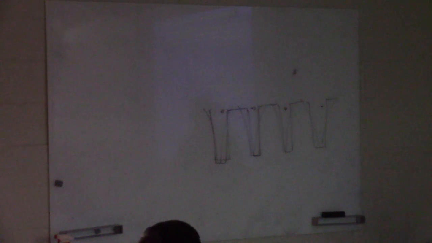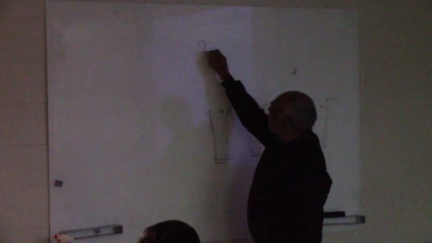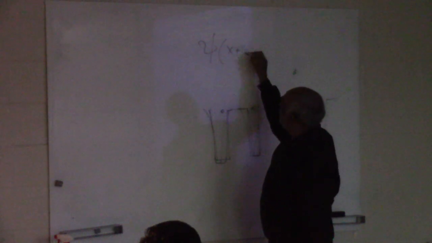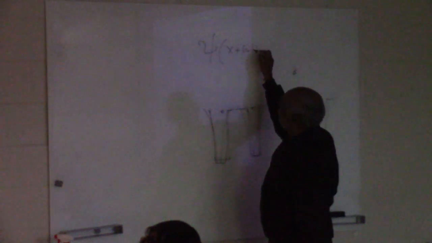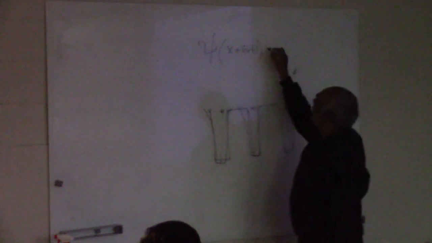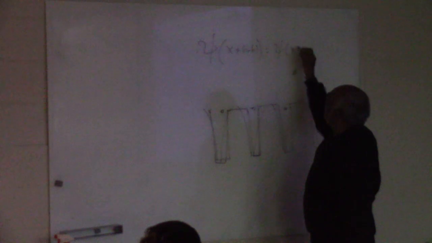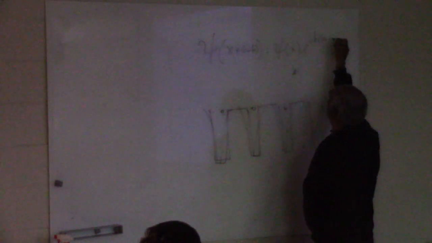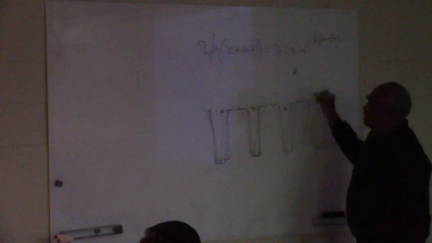That means if I write my Bloch wave function, how should it be? psi(x plus A plus B) should be psi(x) times e^{ik(A plus B)}, right? So this is the Bloch wave function.